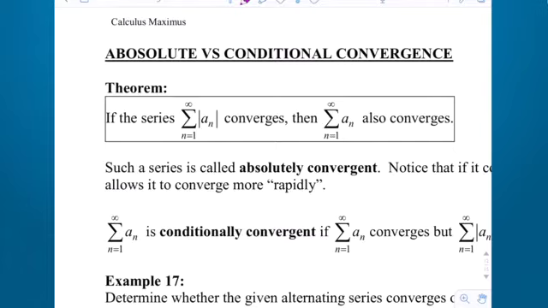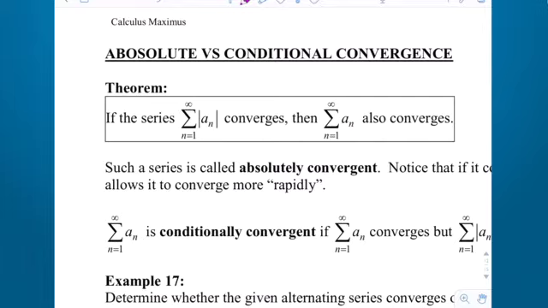Well, there's two cases. If a sub n is already completely positive, all the terms are already positive, then what does taking the absolute value do to each term? Nothing. So it's going to converge, of course, with or without the absolute values because they're unneeded. The only time it really matters is if you have some negative terms, which would be like in an alternating series.